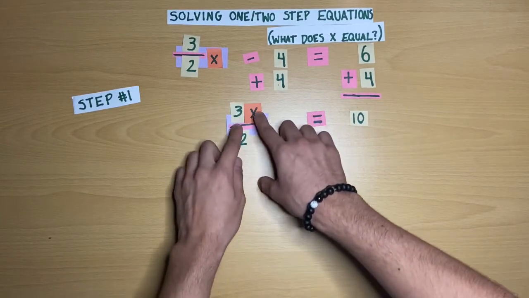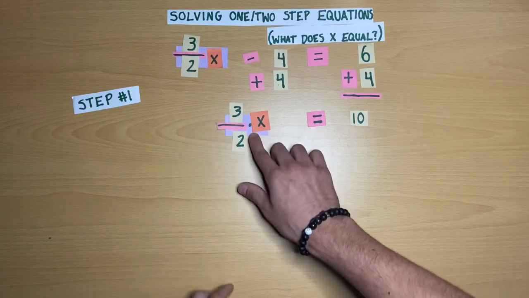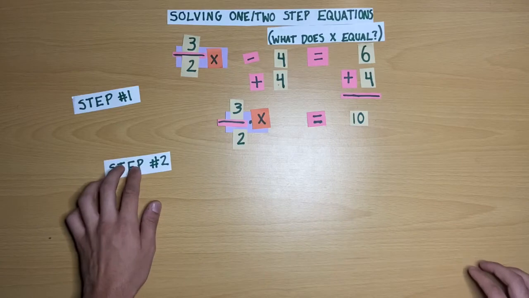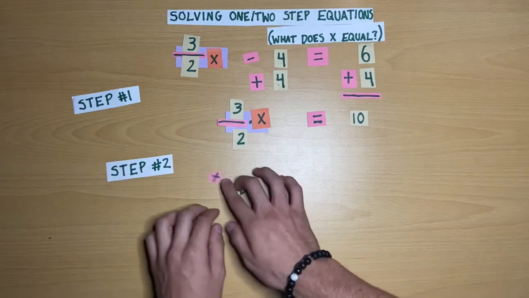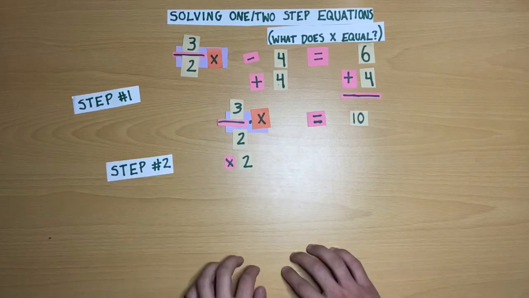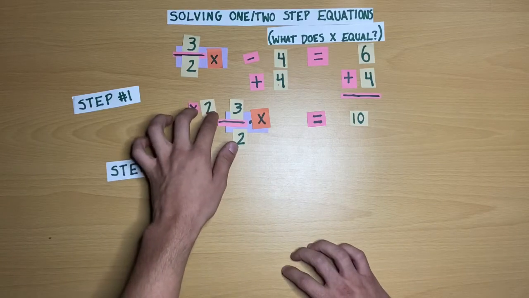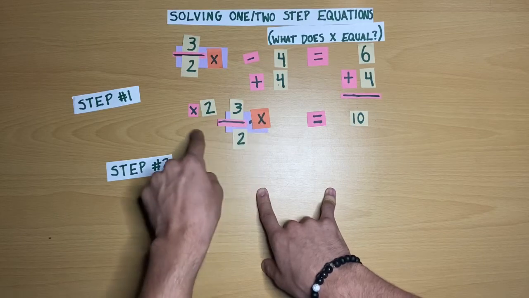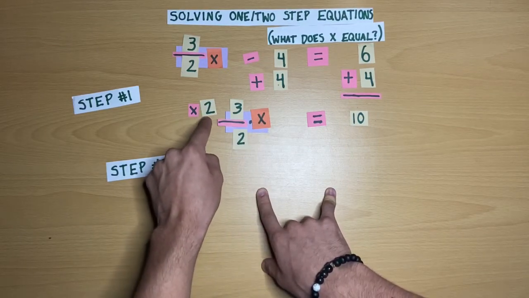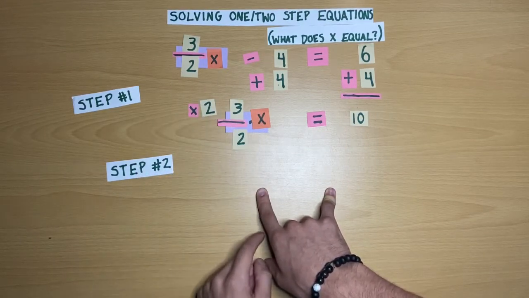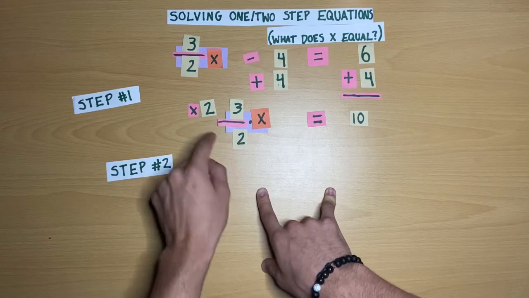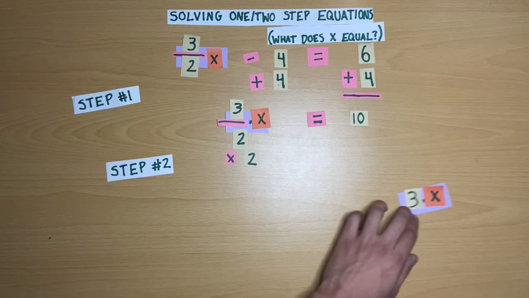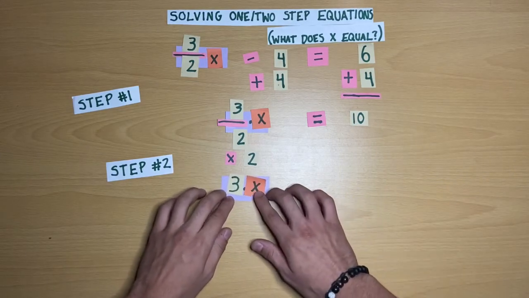So what we can do is we can multiply both sides by 2. So this will be our step number 2. And when we multiply by 2, what's actually happening is we have 2 times 3 times x all over 2, but these two cancel. 2 divided by 2 is 1, so that's going to just leave us with 3x.